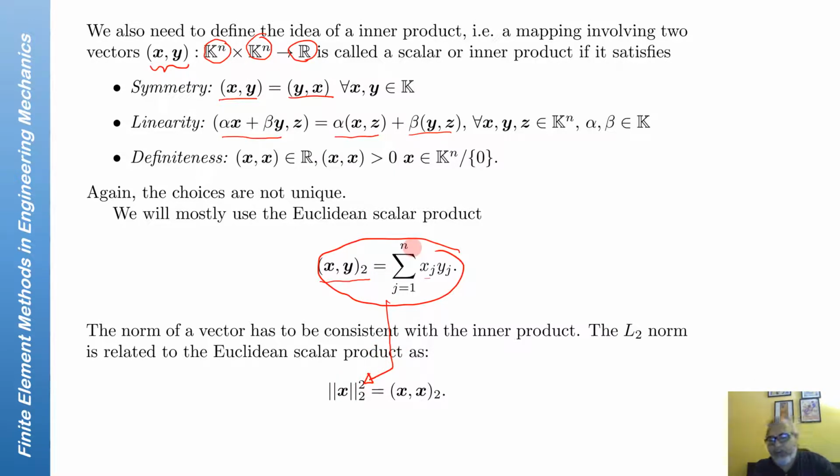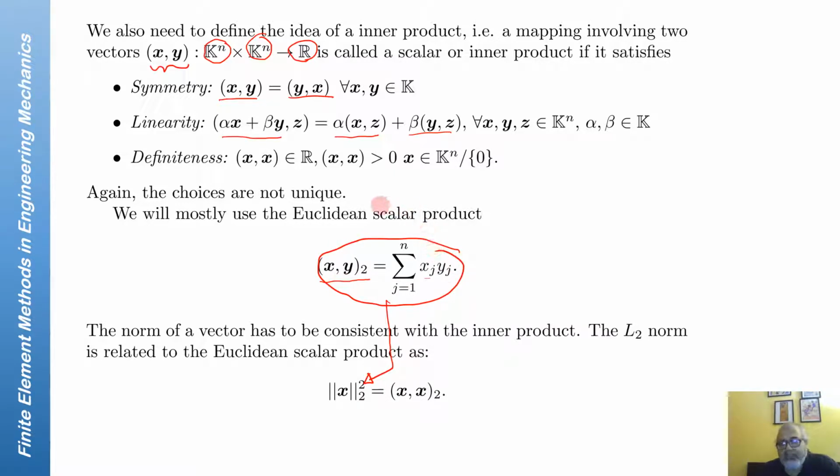Some other inner product may generate the L infinity norm or the L1 norm. But in our case, most of the time, we will use this as our inner product definition, so that the L2 norm is an outcome of this definition, or vice versa. The L2 norm actually indicates that this is our inner product definition.